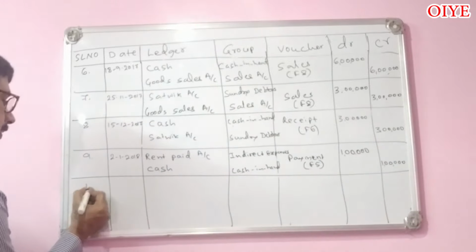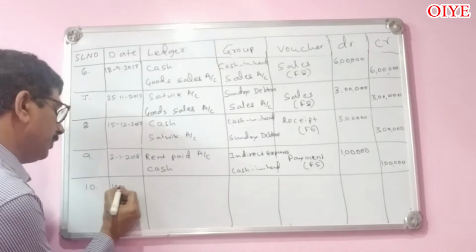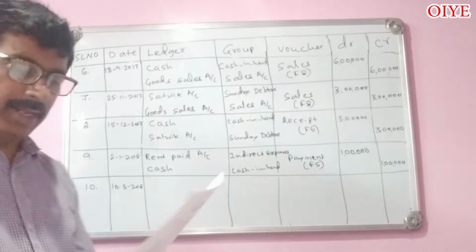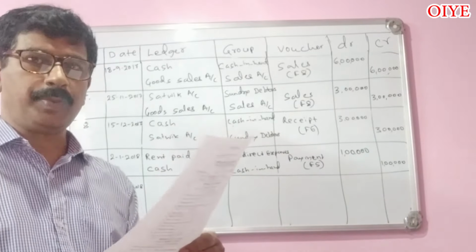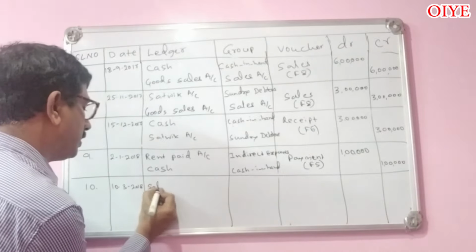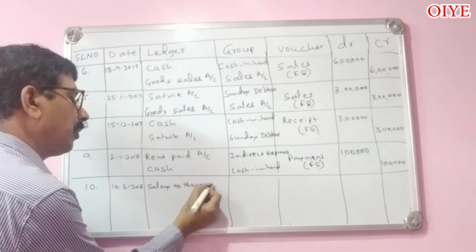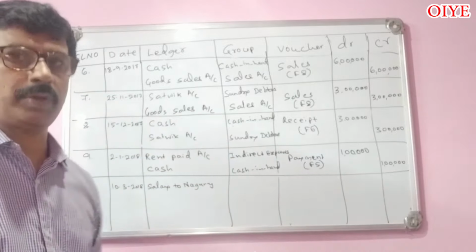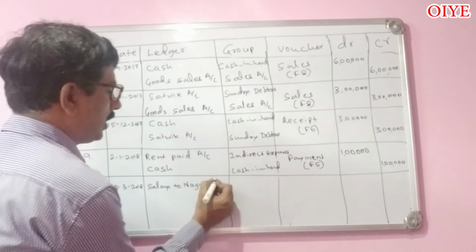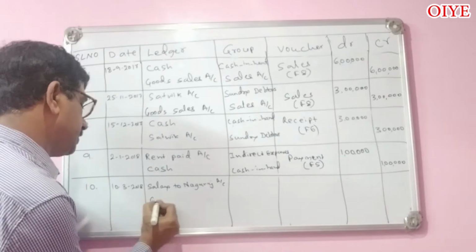The 10th entry, 10/3/2018, salary paid to Mr. Nagaraj rupees 2 lakh. So salary to Nagaraj. Even the salary account is okay, but even if you mention the name, no problem. Salary to Nagaraj account and then cash.